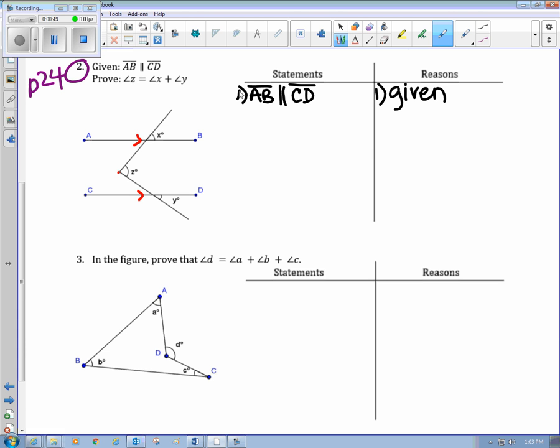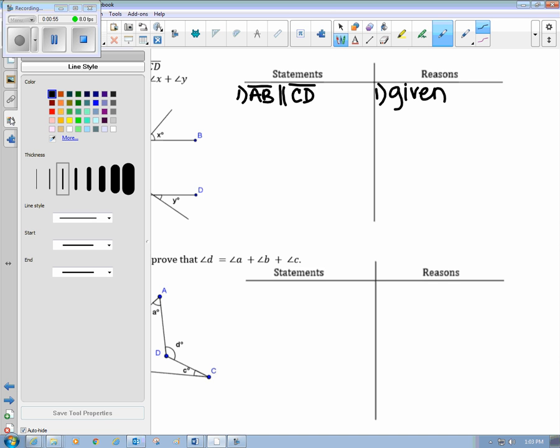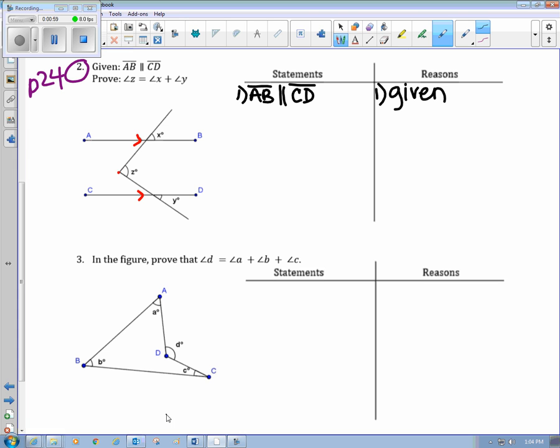And we've talked about how when that happens, we want to draw something called an auxiliary line. So our auxiliary line here is going to be the line that we draw in that passes right through that point. And when we draw that auxiliary line, which is of course dotted, we draw it in such a way that it's going to be parallel to the other two lines that we have in there.